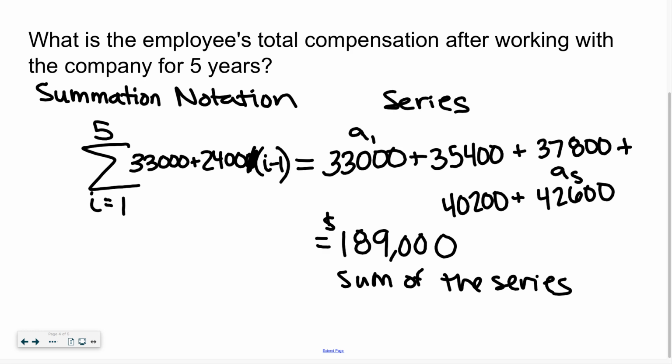It's really a formula, but we'll tell a story about a mathematician, how he got one from his 3rd grade teacher or something like that, and figured out the sum of the arithmetic series. So we'll look at that tomorrow. Today, though, if I ask you to do a sum of a series, you just have to find all the terms and add them up. And how do you find all the terms? You plug them into the rule over here.